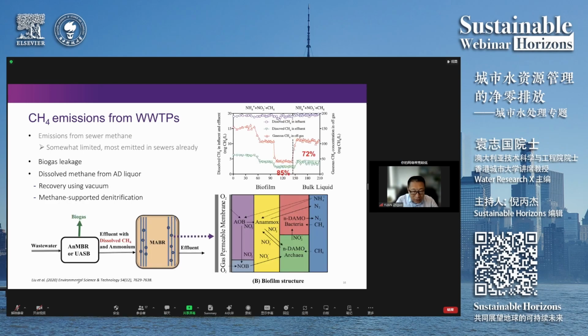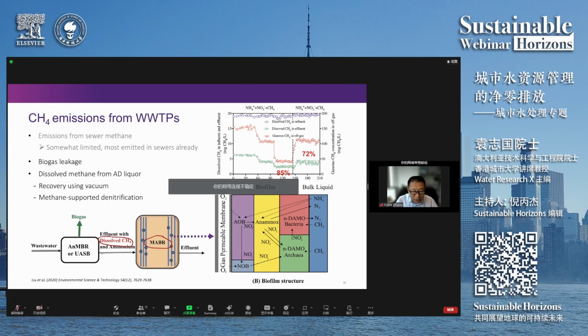But the good news is some technologies have been developed to reduce that emission. One of those was developed by our own group. We use MABR, the membrane aerated biofilm reactor. I won't go into details. Basically, we use the anaerobic effluent to support denitrification.